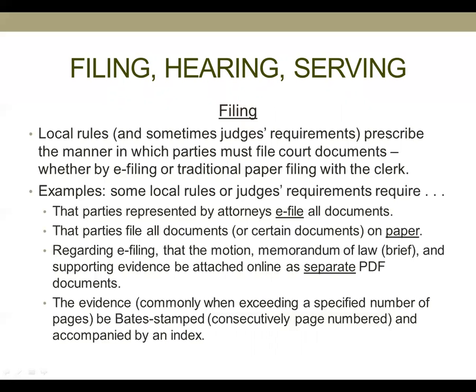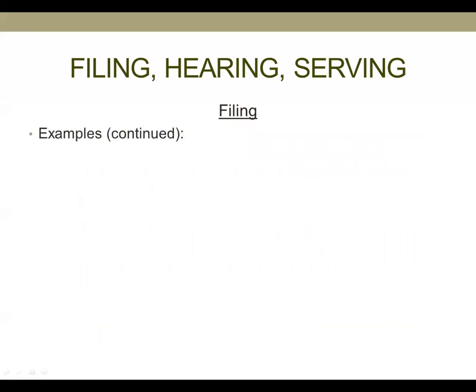Now you have computer programs that do that. You can print out labels, but sometimes courts require that. It's called Bates labeling. And some courts require that the evidence have an index on top and be tabbed so that the judge can flip to the exact piece of evidence without having to wade through it all to find it. So again, just be sure that you are putting together your motion the way the local rules and judges' requirements mandate.